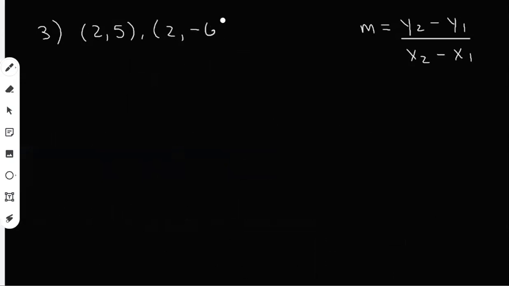Notice that the x values match up for this one. That's important. This is going to be my x value, and the 5 is going to be my y value. So x, y, x, y. And what I'm going to do is put 1s for the first point, and then 2s for the second point.